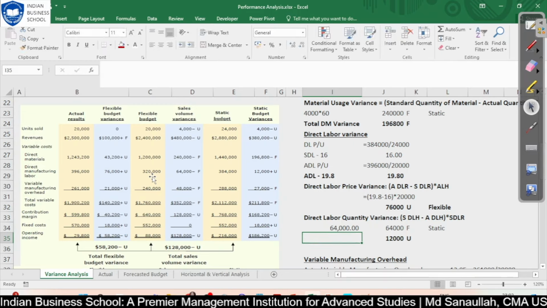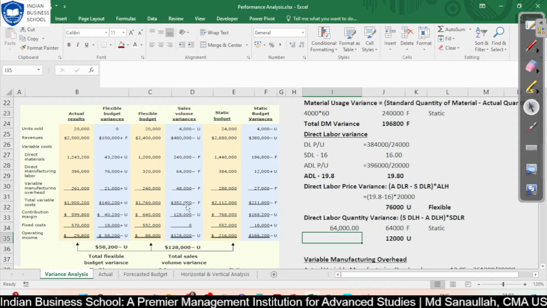So between the static budget and flexible budget, the difference is somewhere around 64,000. This is called quantity variance, or usage variance, or static budget variance. All these budget variances between the flexible budget and static budget show up here. You can see 24 lpa minus 28.4 lpa, so the difference is 48.